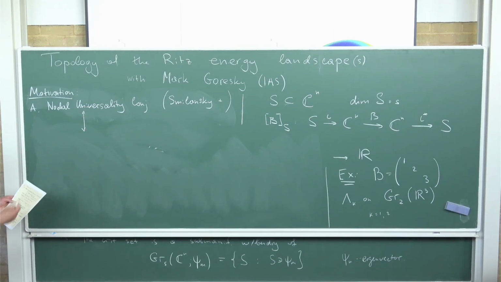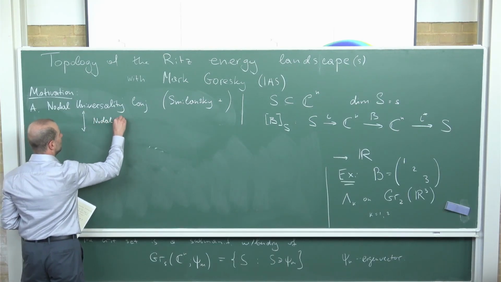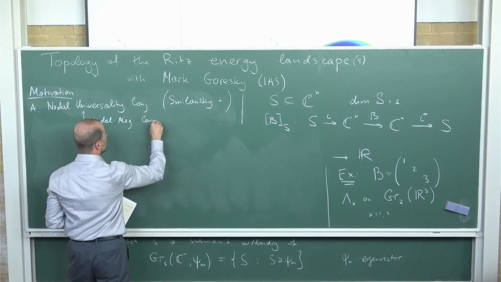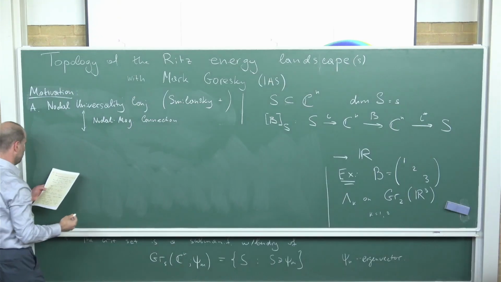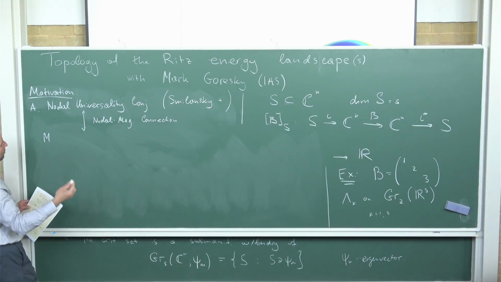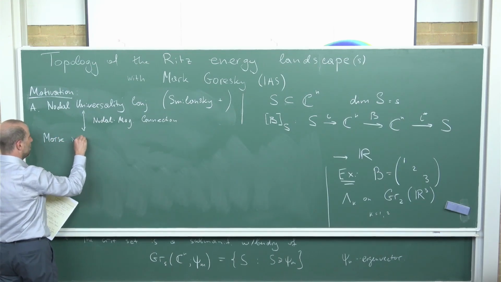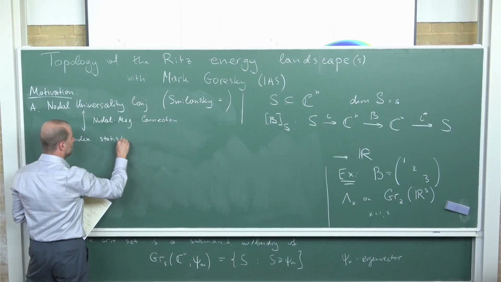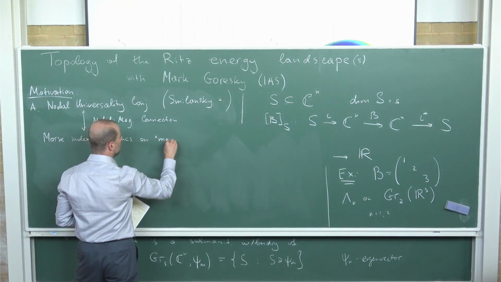So how is it connected to this? There is a nodal-magnetic connection, connecting nodal statistics of the nodal domains, roughly speaking, to Morse index statistics on the so-called magnetic torus.